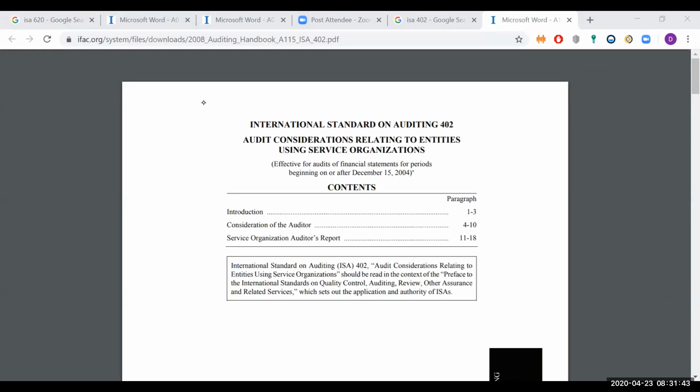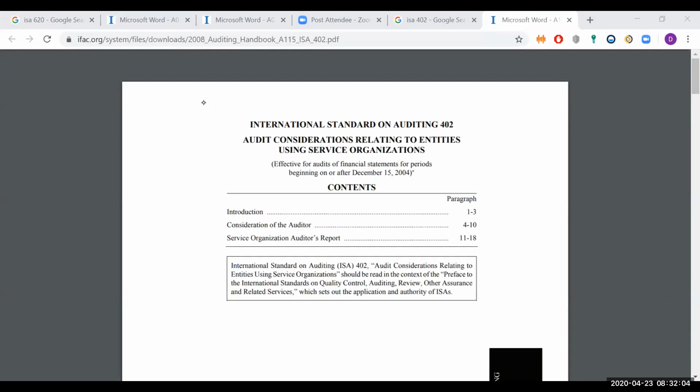So those are three ISAs that we shall be using: ISA 620, ISA 500, and ISA 402. As I always repeat, the key thing is that I mention the ISA in case you want more information, you can make reference to those ISAs for 620, 500, and 402.